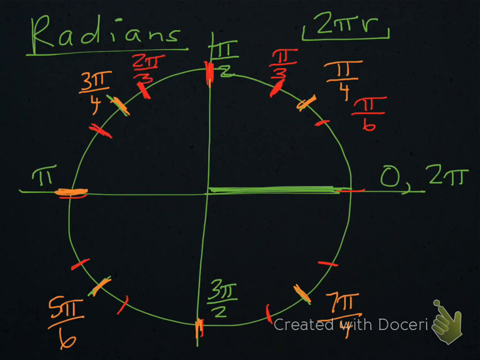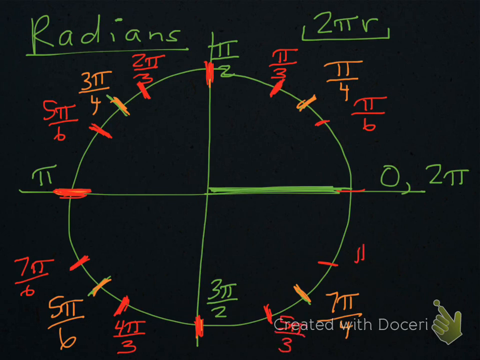And then here's our fifth one, 5 pi sixths, which does not reduce. 6 pi sixths reduces to 1 pi. 7 pi sixths does not reduce. 8 pi sixths is the same as 4 pi thirds. 9 pi sixths is the same as 3 pi halves. 10 pi sixths we can reduce to 5 pi thirds. And finally 11 pi sixths.